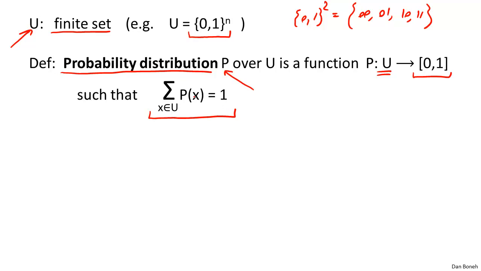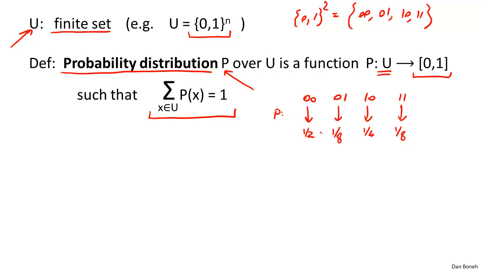So let's look at a very simple example, looking back to our 2-bit universe, 00, 01, 10, and 11, and you can consider the following probability distribution, which, for example, assigns to the element 00 the probability 1/2, to the element 01 we assign the probability 1/8, to 10 we assign the probability 1/4, and to 11 we assign the probability 1/8.